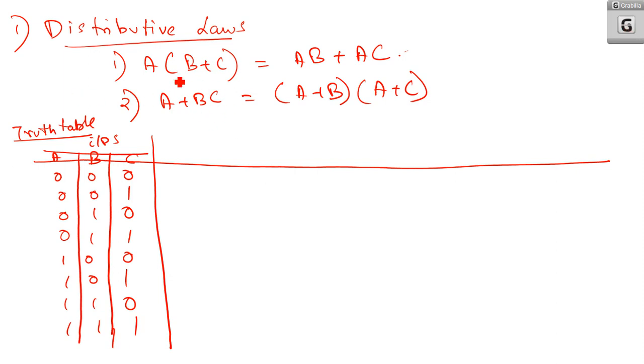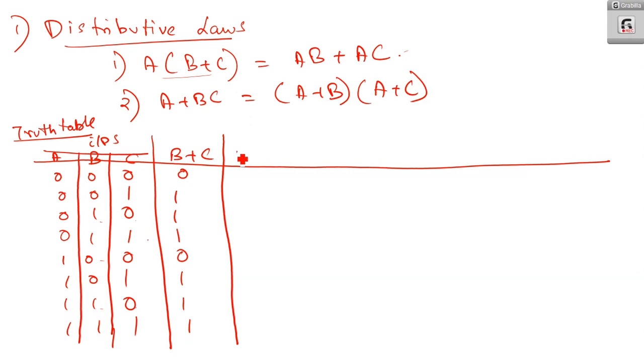First I am going to calculate the left side. What is it? B or C. What is B or C? 0 or 0 is 0. 0 or 1 is 1. 1 or 0 is 1. 1 or 1 is 1. 0 or 0 is 0. 0 or 1 is 1. 1 or 0 is 1. 1 or 1 is 1.